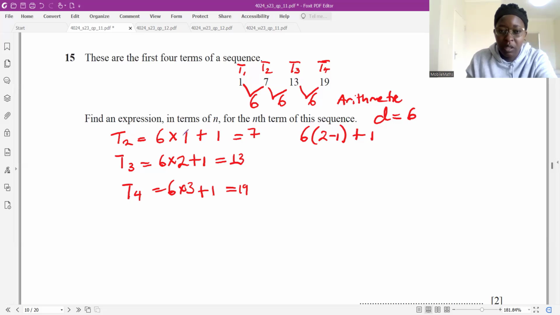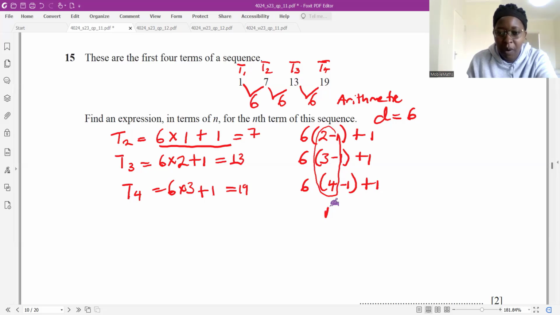This gives the same as 6 times 1 plus 1. For term number 3 it is the same: 6 times term number 3 minus 1, plus a 1. Then the last one, 6 by 4 minus 1 plus a 1. So these are our nth positions or terms.